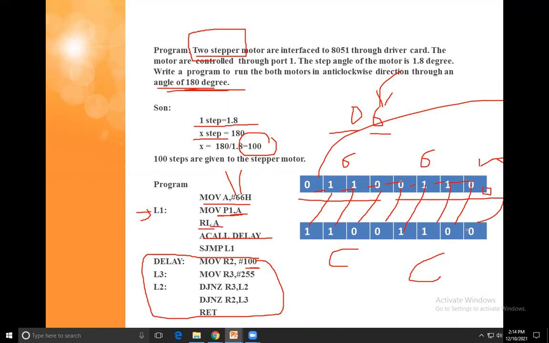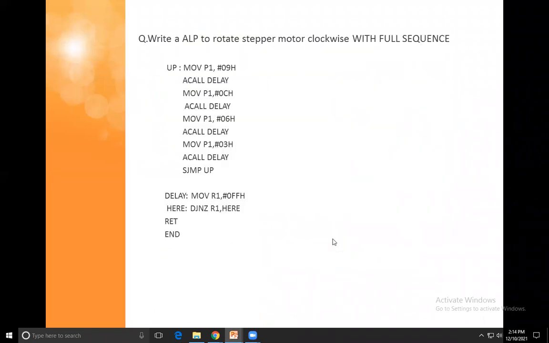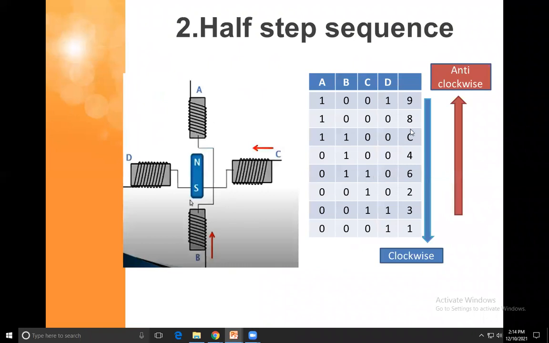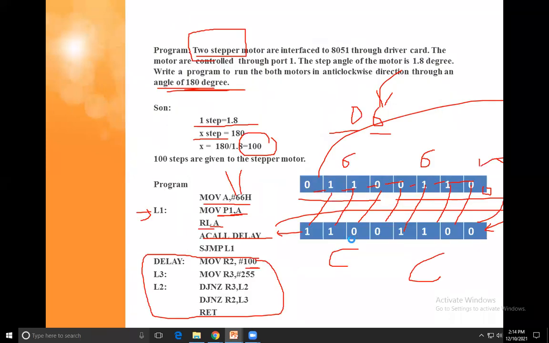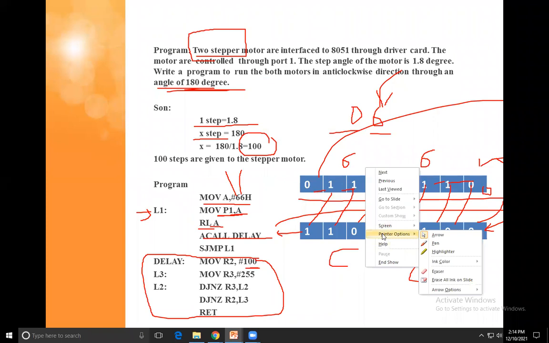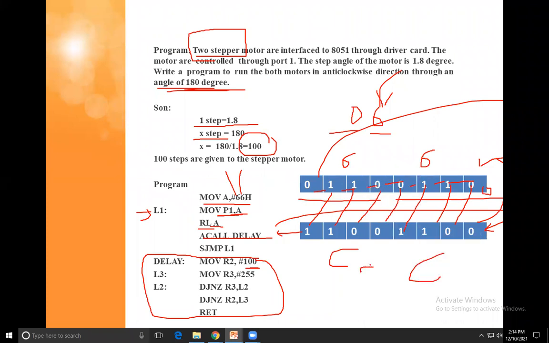This is rotate L. So when you rotate left, you have to go to another value. After this C you get the value of 9, then you will get the value of 3. So after that C you will get a value of 9 on rotate left, and after that you will get a value of 3.